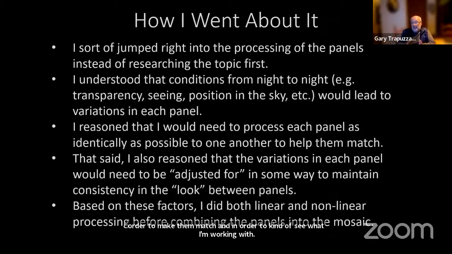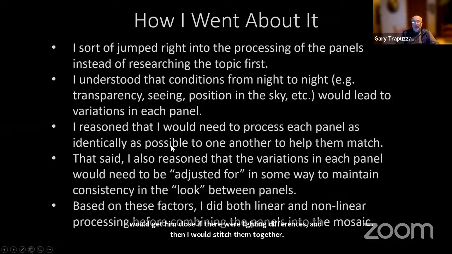And that just made sense to me, because if I was doing a landscape panoramic, or not a panoramic, but a landscape mosaic or something like that, that's what I would do. I would get them close if there were lighting differences, and then I would stitch them together. So to me, it just made sense to do it this way. And like I said, I also knew that there would be variation, so there might be some tweaking along the way.